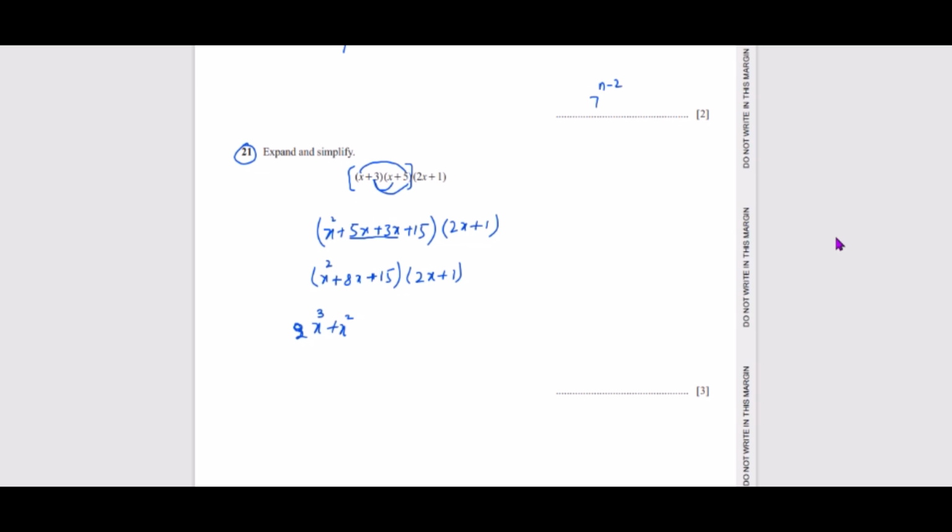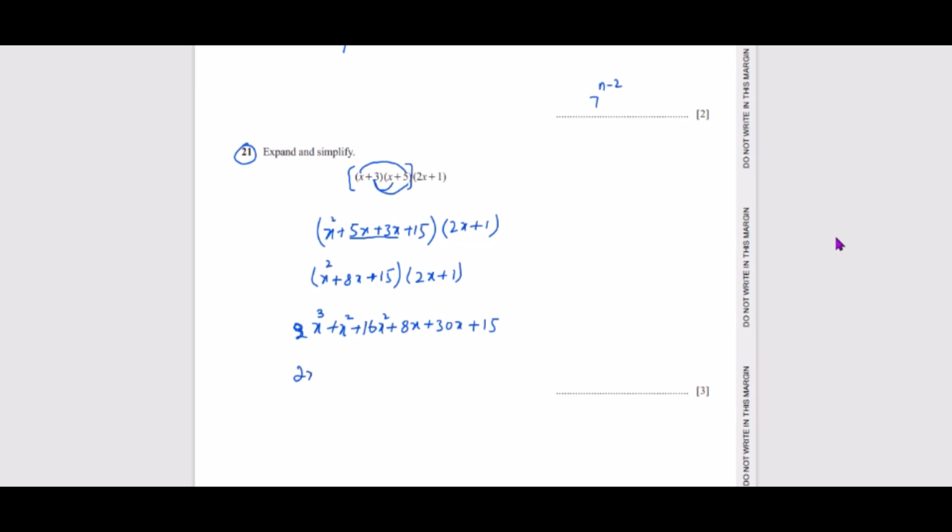So now 8x multiply with 2, that is equal to 16x square, and 8x multiply with 1, that is equal to 8x. 15 multiply with 2x, that is equal to 30x, and 15 multiply with 1, that is equal to 15.